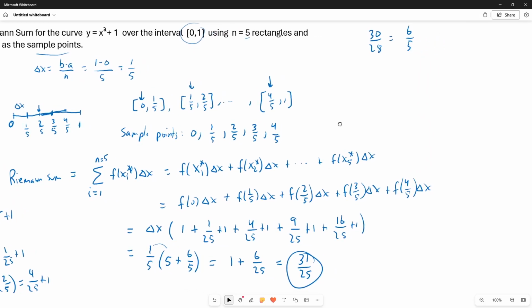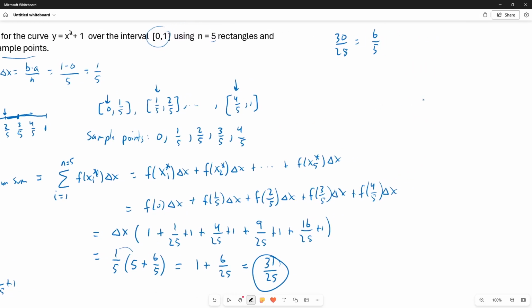Let's just take a look at what that means from a graphical standpoint. We have the curve y equals x squared, and x goes from 0 to 1, and what we did was we put, whoops, that's not quite right. It wasn't y equals x squared. It was y equals x squared plus 1.